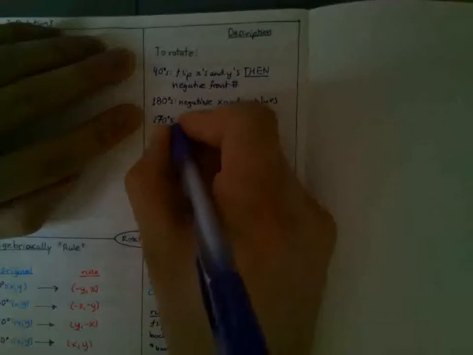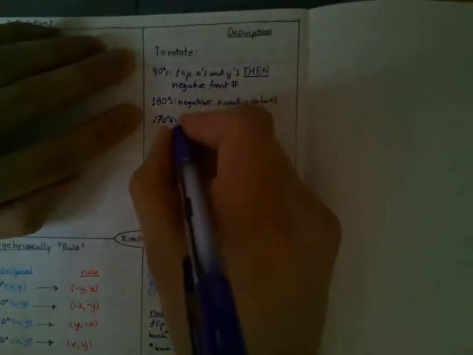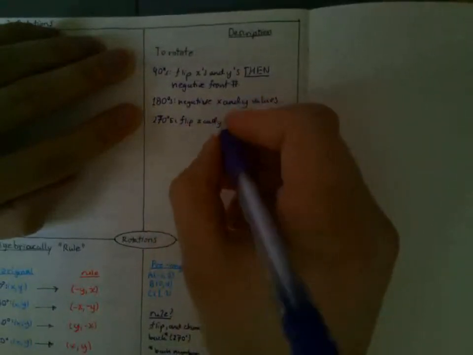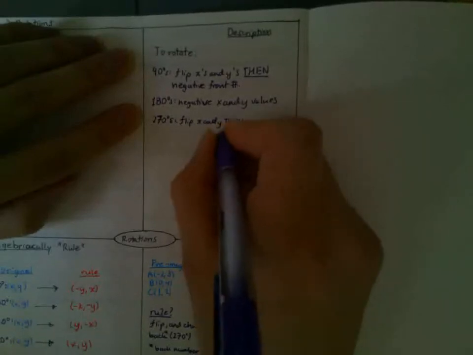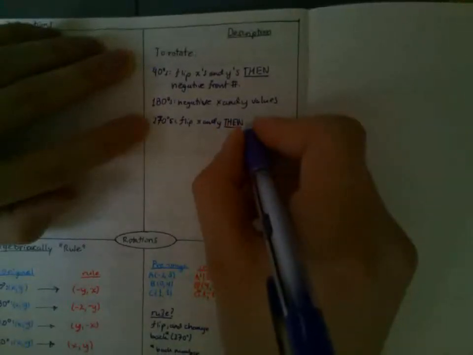For 270, sorry if you're hearing sirens outside. You're going to flip X and Y, then negative front number.